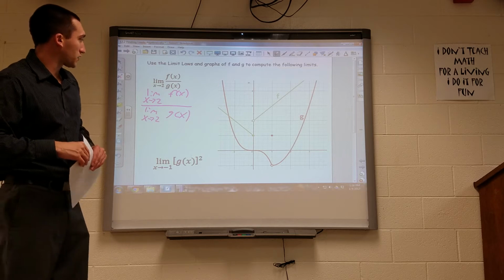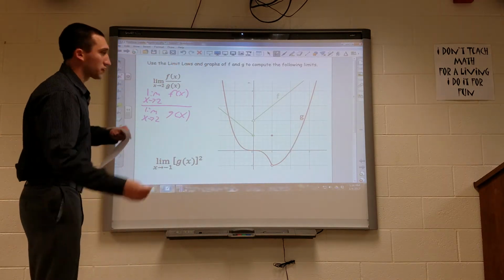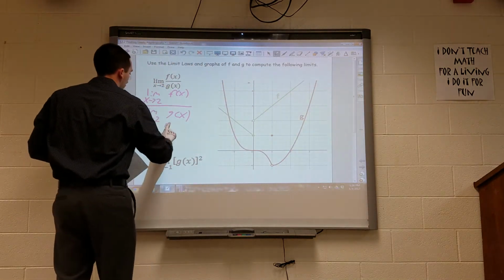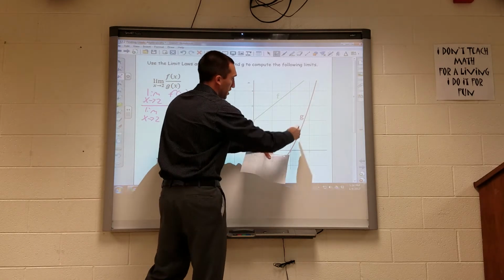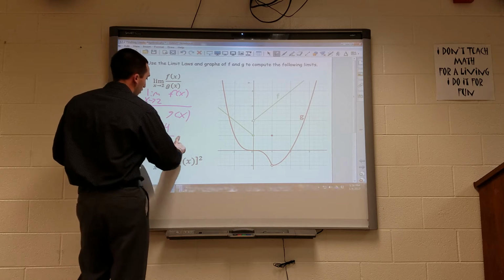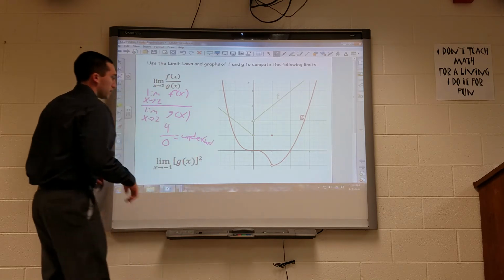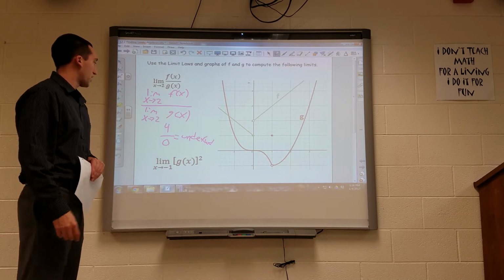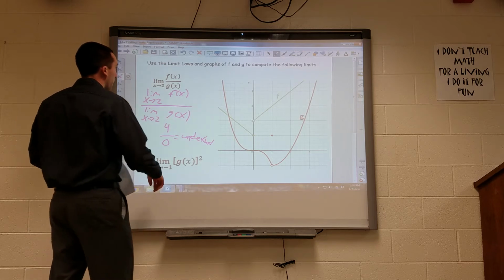And as x approaches 2, f of x is going to be 4 because it approaches 4 from both sides. So that's 4 divided by, as x approaches 2, g is going to approach a y value of 0. So this is undefined. We cannot divide those limits since the limit as x approaches 2 of g of x is 0, and we cannot divide by 0.